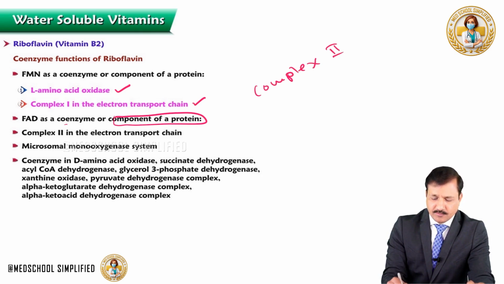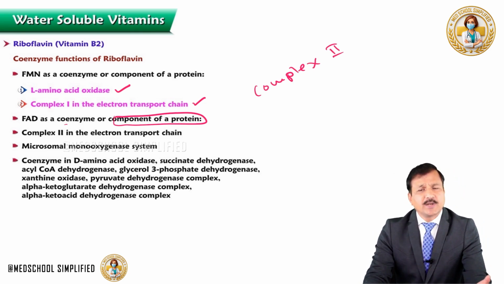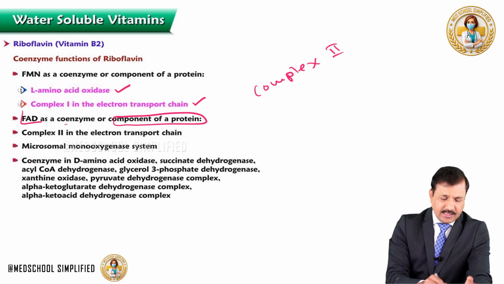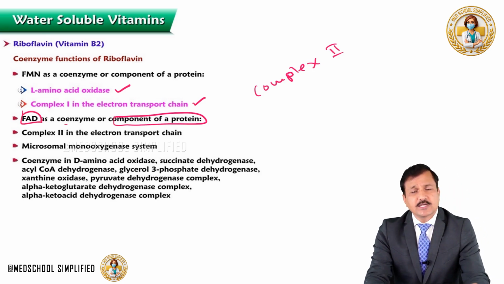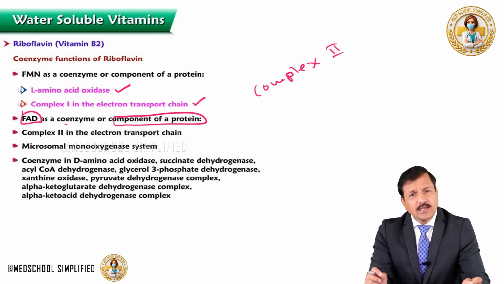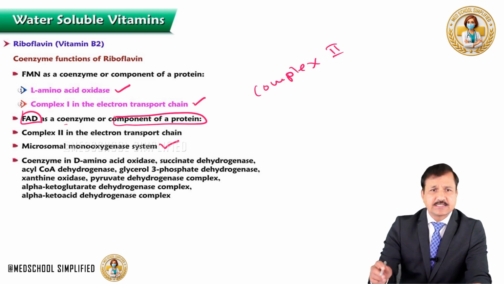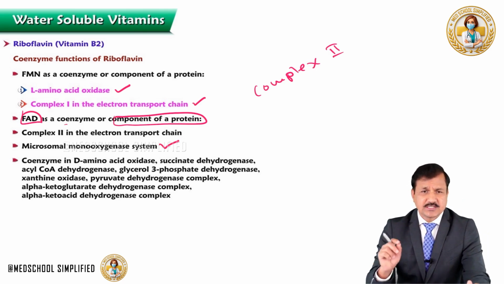As you are going to study, the electron transport chain has complex 1 to complex 4. Complex 2 needs FAD. It is a component of complex 2, and also FAD is part of the microsomal monooxygenase system of enzymes. That's the second one.